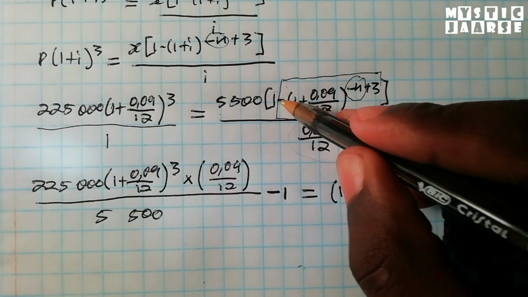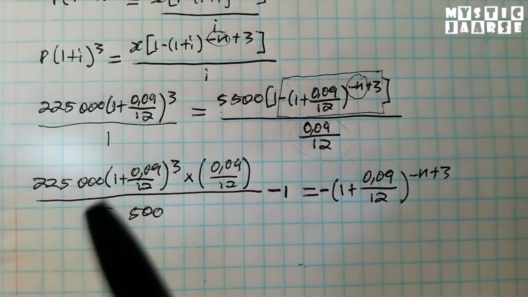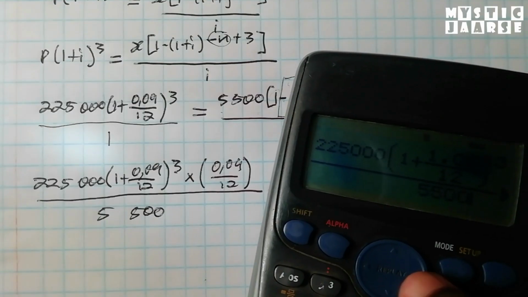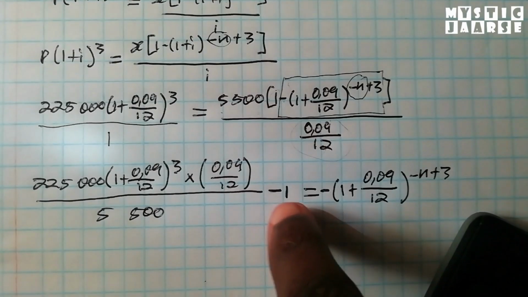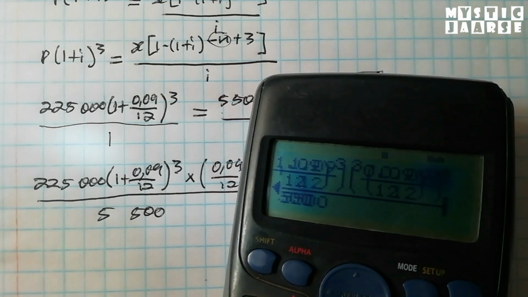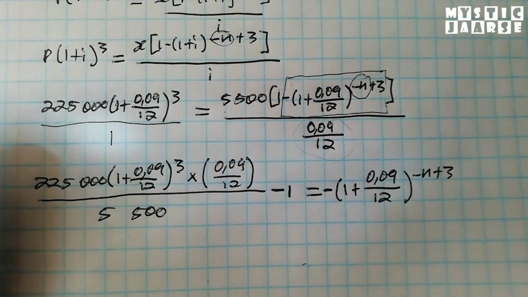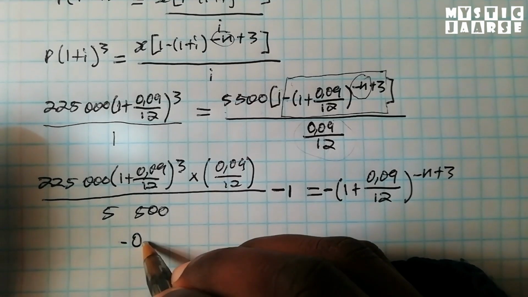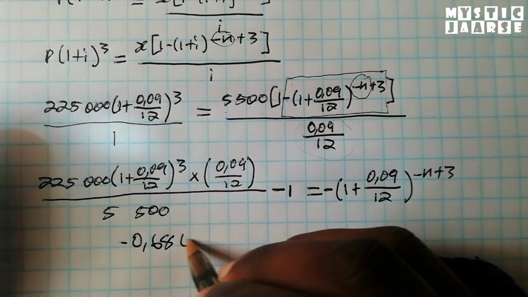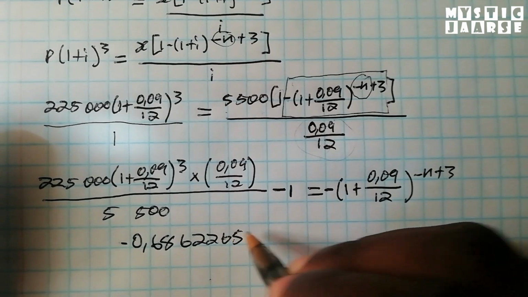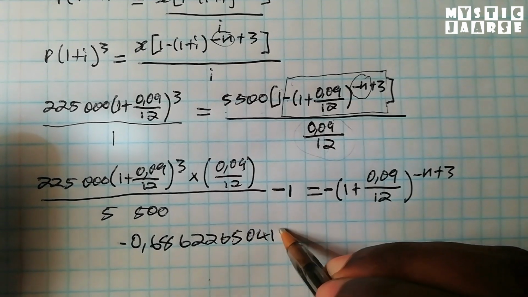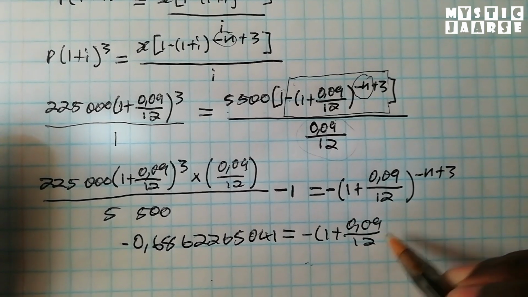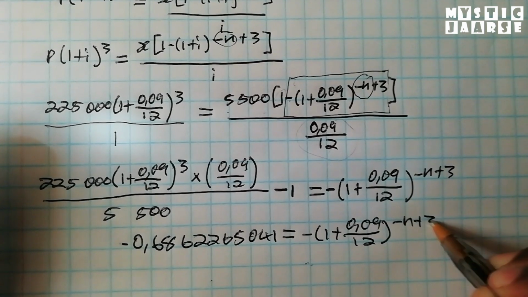Oh, it is negative. We need to carefully plug this whole thing into our calculator. 500 rands. All of this, 1 is subtracted from it, so minus 1. So the answer that we get when you put this whole thing into our calculator is negative 0.6862265041 is equal to negative 1 plus 0.09 divided by 12 to the power of negative n plus 3.